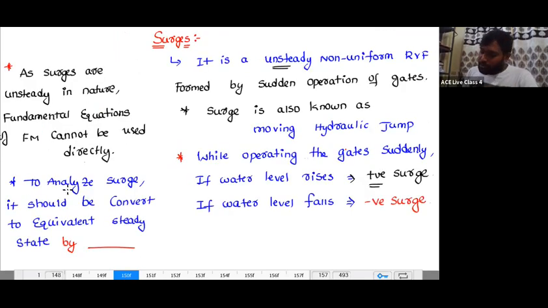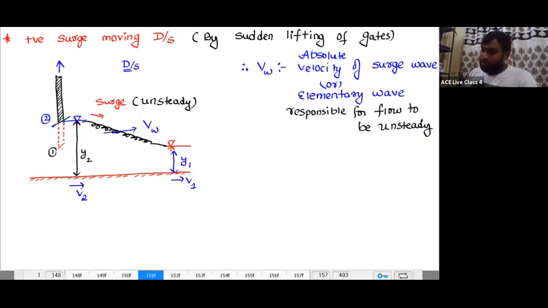No. I have to analyze it such that it is converted to an equivalent steady state. Sir, how is it going to be converted to an equivalent steady state? Now the point is, who is responsible for the steady to unsteady? VW. Yes. Now, if I neglect this VW, means if I neglect the surge, if I remove the surge, then the flow is going to be steady.